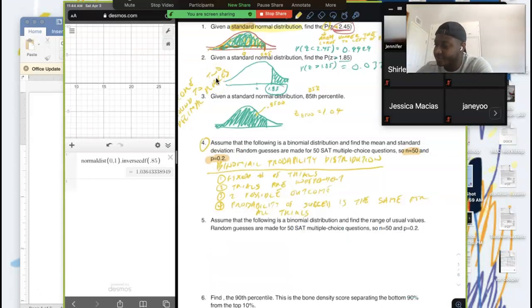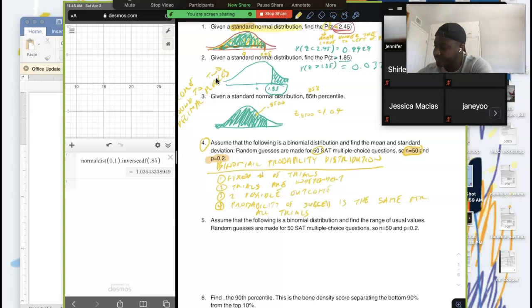So you have to have a fixed number of trials. In this case, you have 50 trials because there are 50 questions. The trials are independent, so the probability of you getting one question right or wrong is not going to affect the probability of you getting another question right or wrong. Third, you have two possible outcomes: either you get the question right or you get it wrong.